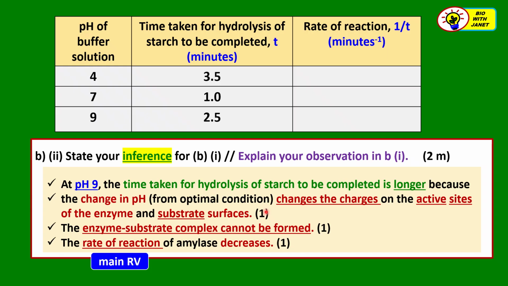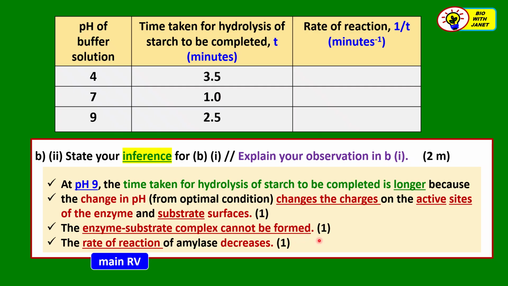That means the charges on the active site may be at first positive and the substrate surfaces have a negative charge, as an example. But after you change the pH to 9, maybe the charges have been changed. And this caused the two parts, the active sites on the enzyme and the substrate surfaces, instead of being attracted, to repel each other. Like charges repel each other. So the enzyme substrate complex cannot be formed.